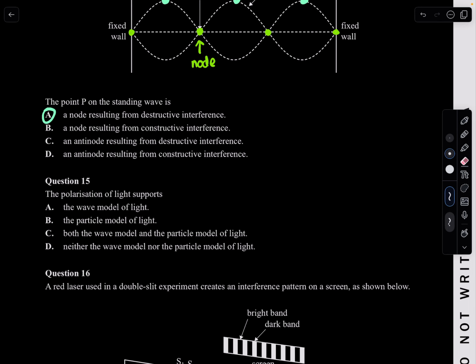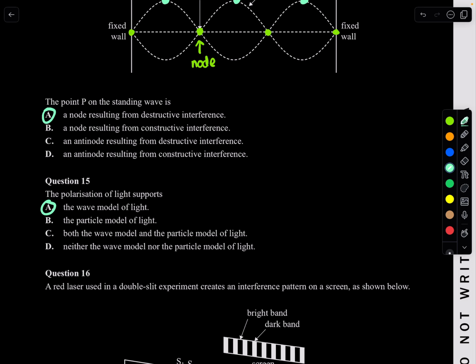Well, it only supports the wave model, because polarization only occurs for transverse waves, which are waves. So why would it support the particle model? So it's just A. That's quite nice and easy. Remember, polarization of light only occurs for transverse waves.